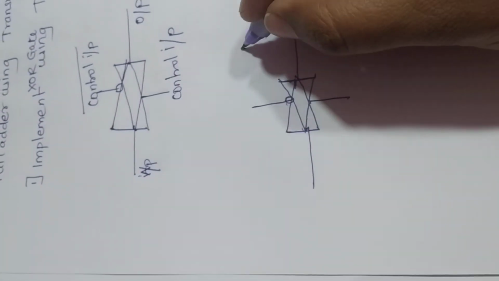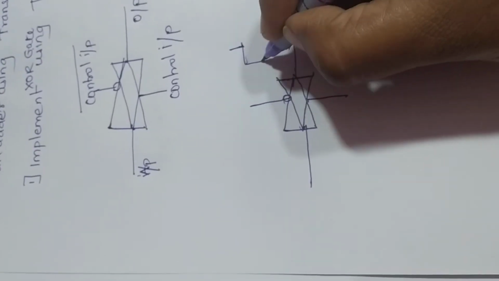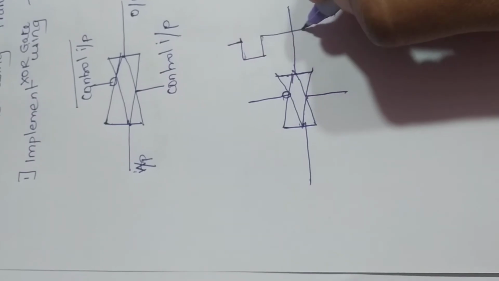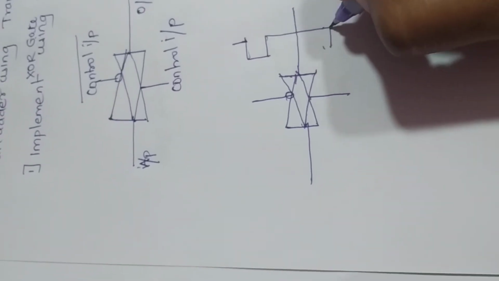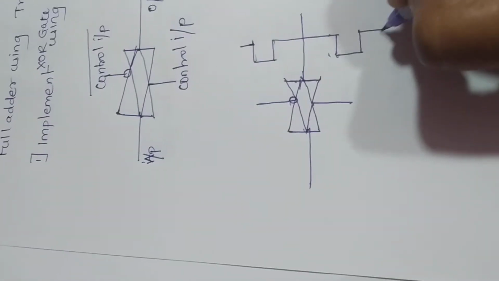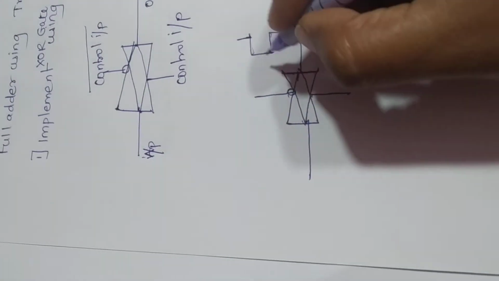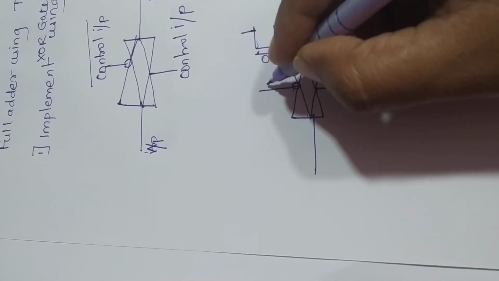Here I am going to draw one CMOS inverter. The below one is NMOS and the above one is the PMOS, which makes your CMOS inverter.